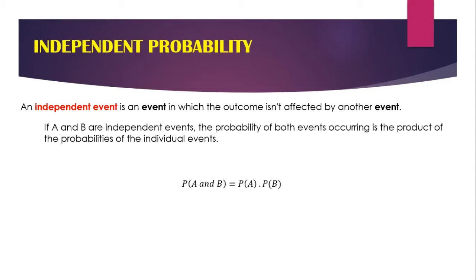Probability of A and B is defined as probability A times probability B. So, an independent event is the product of the probabilities of the individual events. Clear, everyone?